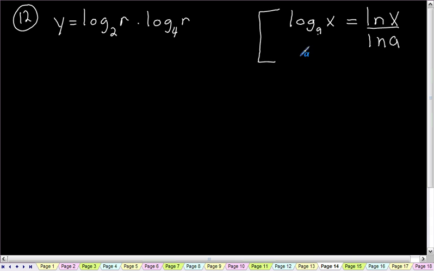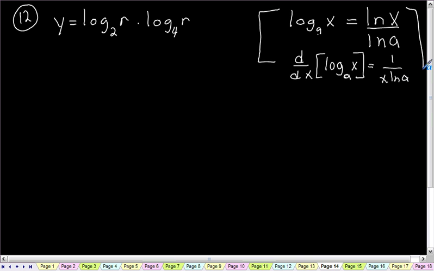Now, if we want to take the derivative of a regular log, the derivative of log base a of x comes out to 1 over x ln of a.